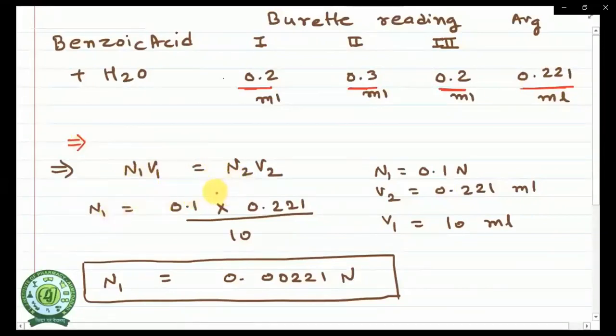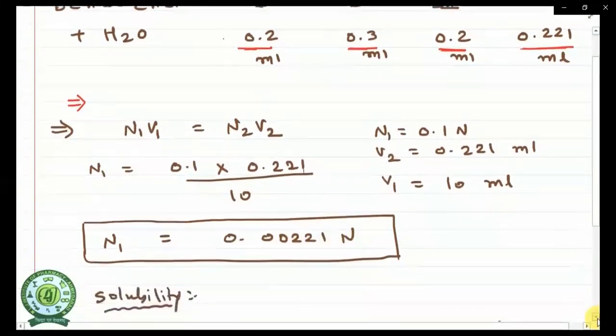N1 is the normality of benzoic acid, N2 is 0.1, the normality of NaOH that we have. There is one correction, there must be N2. Then V2 is the burette reading, 0.221, and V1 is the volume, 100 ml. By using this equation, you will get the normality of benzoic acid, that is 0.00221.